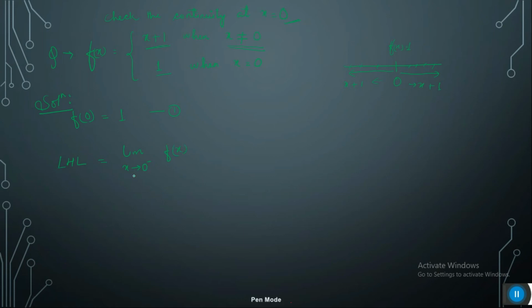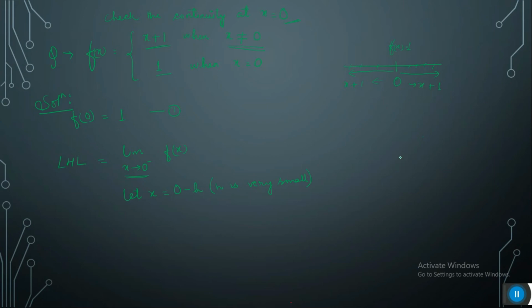Now by looking at this, what do you understand? 0 minus. So let's take it like this. Let x equal 0 minus h. Why am I taking this? h is very small.